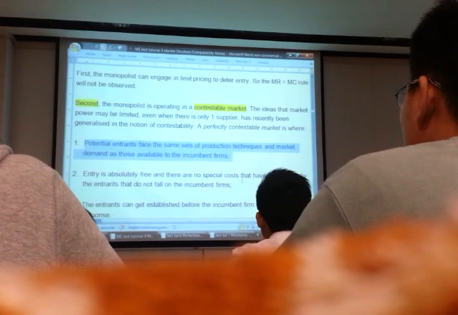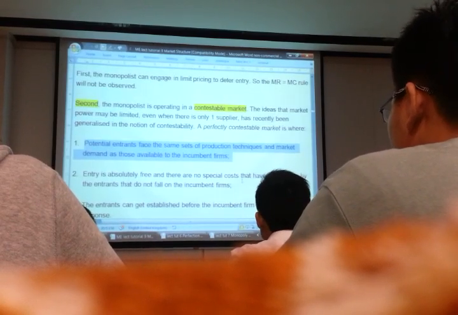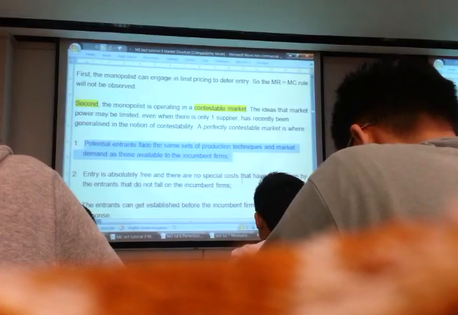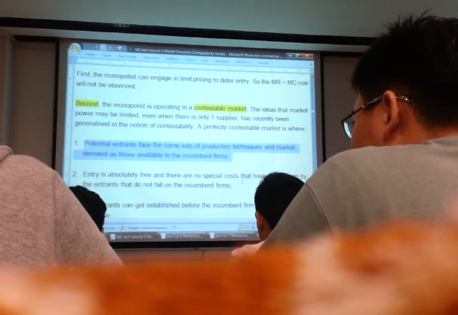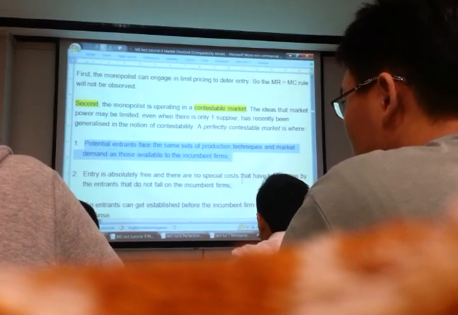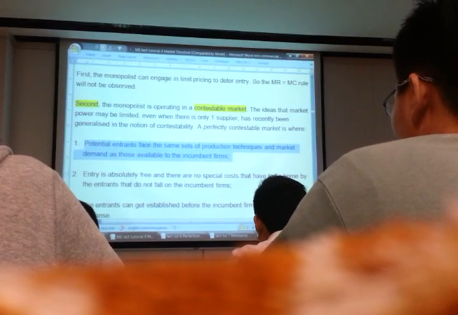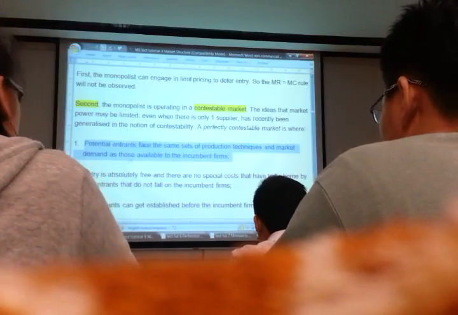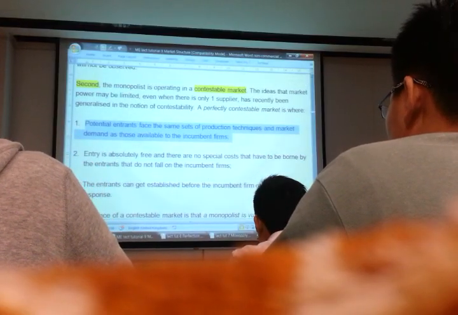While these are new entrants in Singapore, elsewhere they have been around for a very long time. I'm sure their cost and technology are equivalent. So these are what we call contestable markets, where the potential entrants have more or less the same advantage.